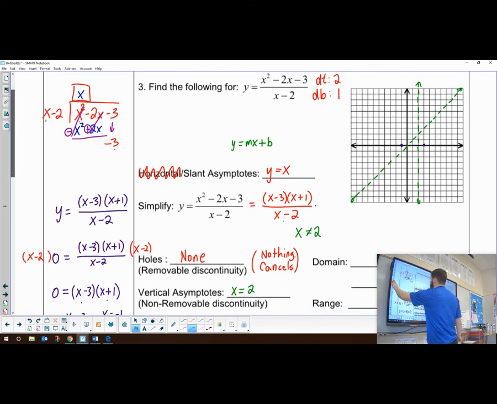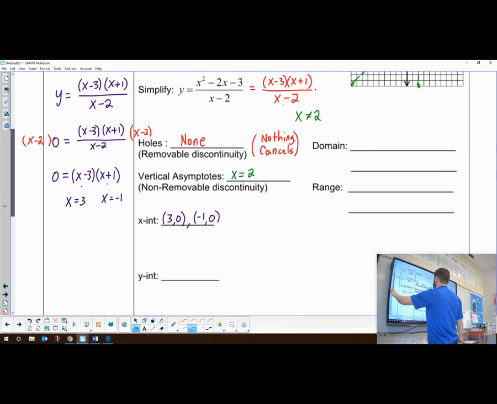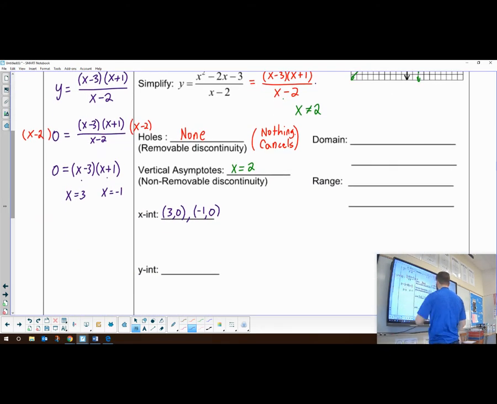Now to find my y-intercept, could not be easier. All we're going to do is take this same equation and plug 0 in for my x's. So we're going to go y equals 0 minus 3 times 0 plus 1 over 0 minus 2.